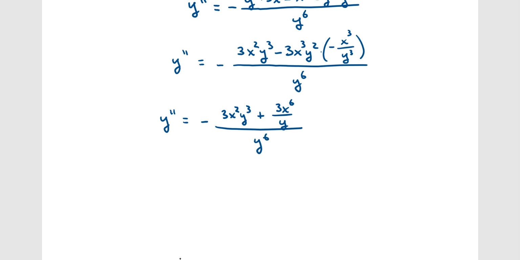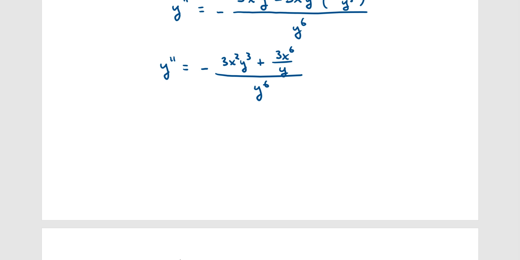We don't want this complex fraction. We have a fraction in the numerator of the bigger fraction. So the way we get rid of it is we multiply by the GCF. Or sorry, we'll multiply by, in this case, the y. That's going to be what cancels that denominator. So we multiply the numerator and denominator by the y.